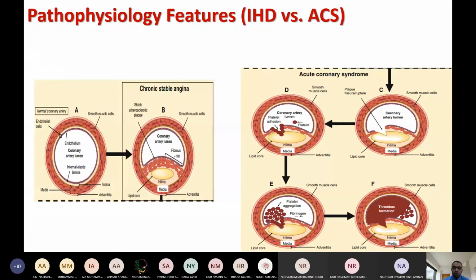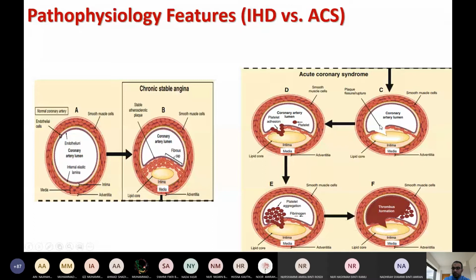Okay, so you can see here what we mean by chronic stable angina. The lipid core or the plaque is already there and is very stable. And you can see here what will happen in the acute coronary syndrome next week.